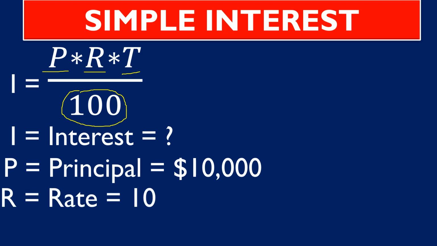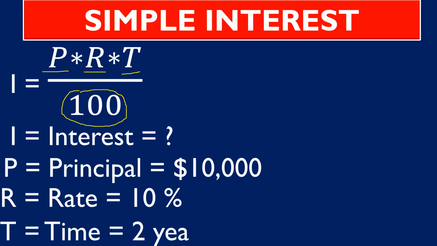The rate is the percentage, so you have 10%. All you do is put 10 in that equation, and of course the 100 below is your percentage. Then you have your T, which is your time in years. In this case, it is 2 years.